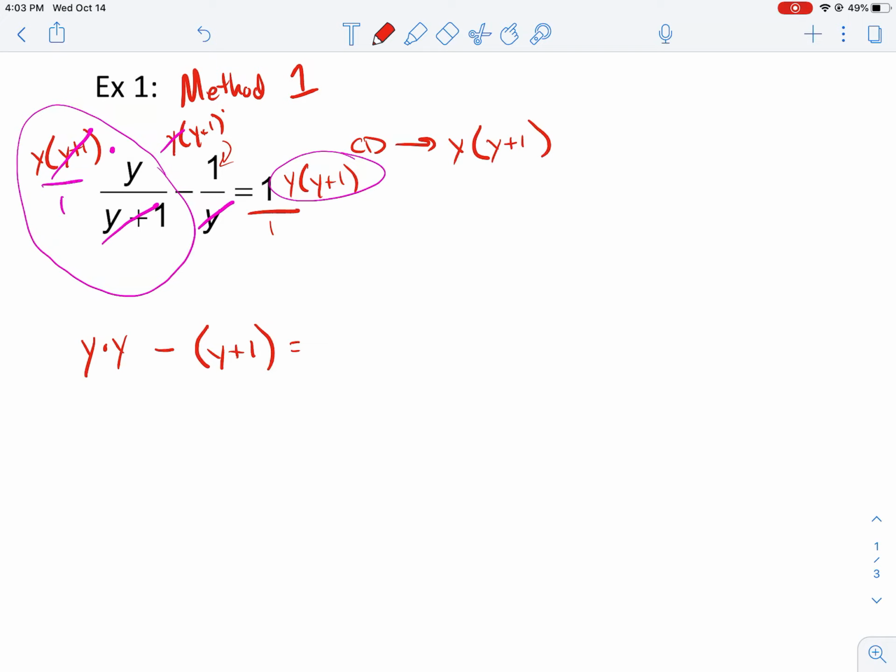And on the other side, we get y times y plus 1. Once we are this far, we're just going to combine like terms. I'm going to distribute this negative sign. I'm going to try to combine like terms, so I subtract the y squared.